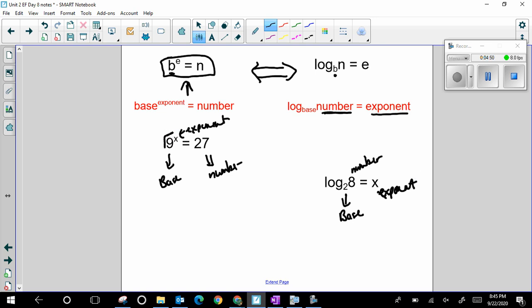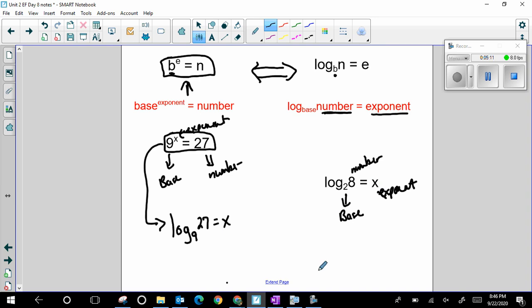So if we want to take this and write it as a logarithm, it's log base 9, and it's a little subscript under there, of the number 27 equals x. So that's how you undo an exponential function.